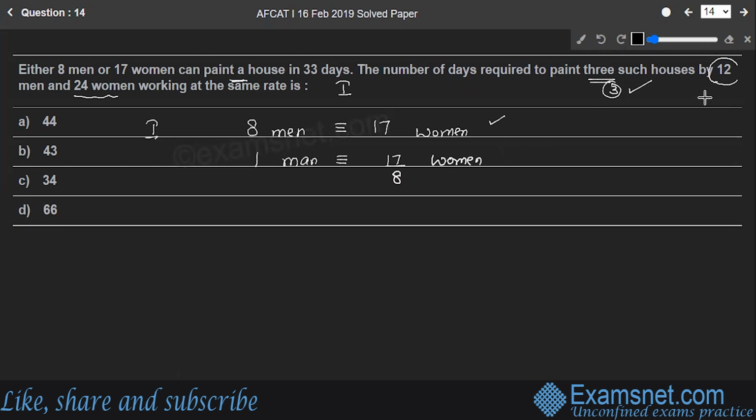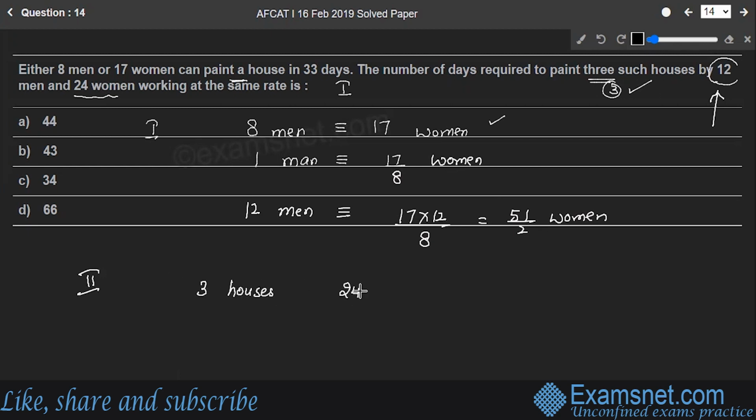And here we are having 12 men. So 12 men will be equivalent to this much, which will be 51 by 2 women. Right. In the second case, we have 3 houses to paint.